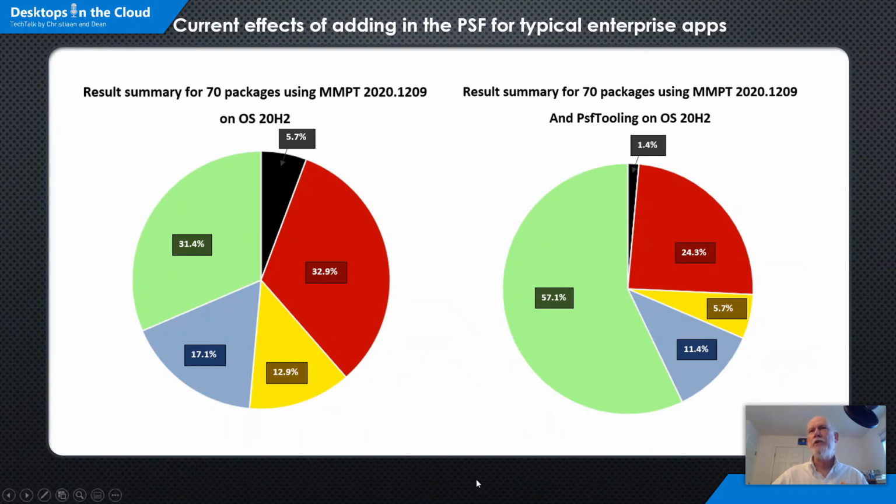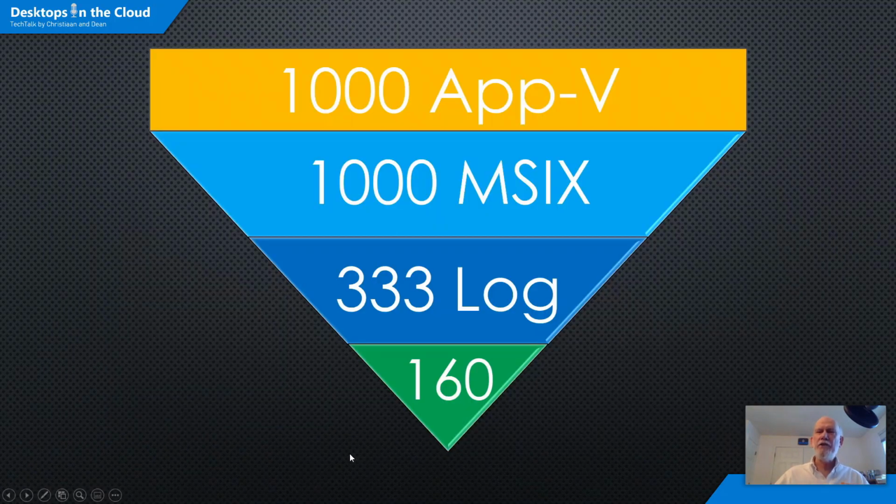The chart on the right shows where we're bringing that in, and we can bring that up to about 60%. But as we go through the process of taking a large number of App-V packages through a process like this, we might start out with 1,000 packages, and just going through the log filter, that's going to get us down to about 1/3, about 333 of those should pass the log filter, and we can start going through a UAT test on that.